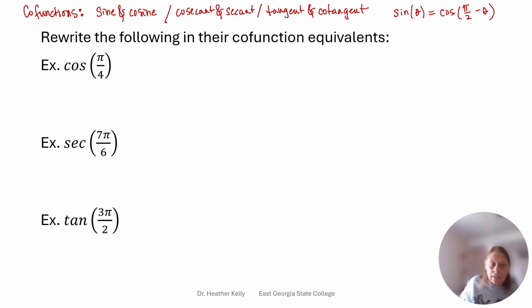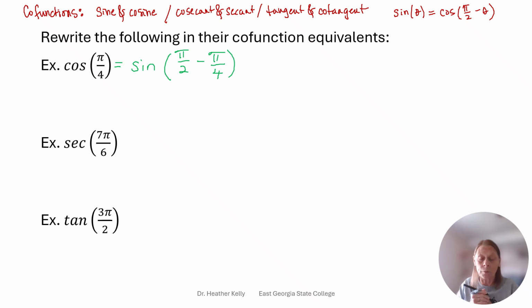So let's take a look. We're going to start doing some math with all these pi's today, so just get ready. So cosine of pi over 4 is equal to the sine of pi over 2 minus that pi over 4. Now, the easiest way to handle all these pi's is to ignore the pi's and just do the fractions.